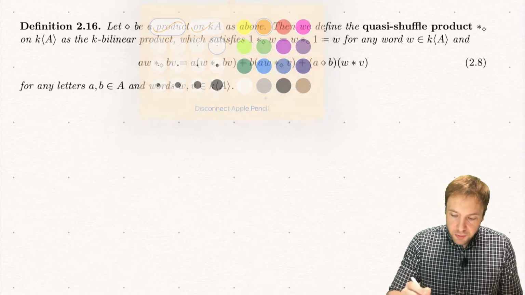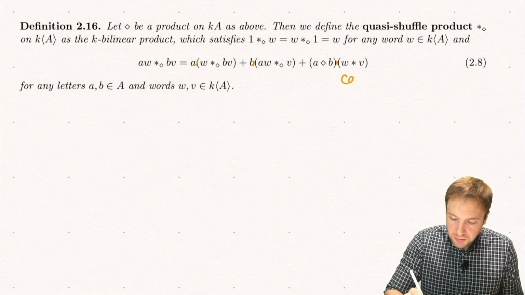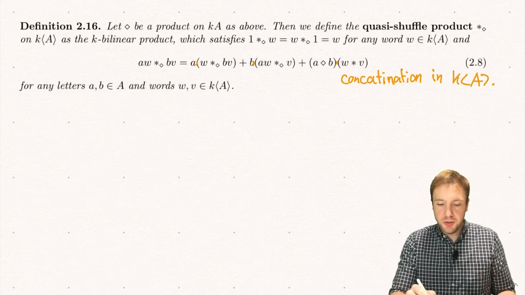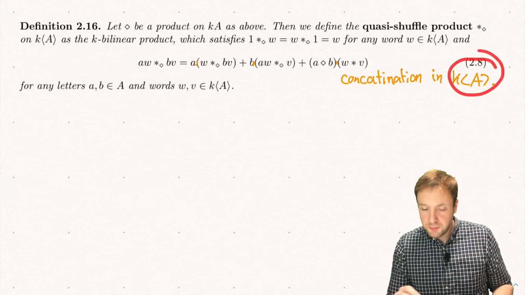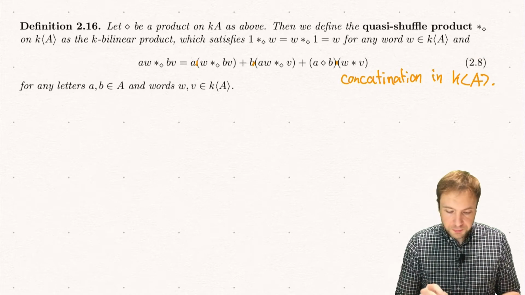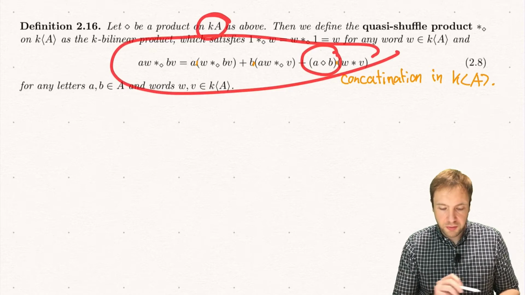And these products here, this is just a concatenation, a non-commutative multiplication in this space. So you just put the letter in front. This is well defined because this is a product on this KA.